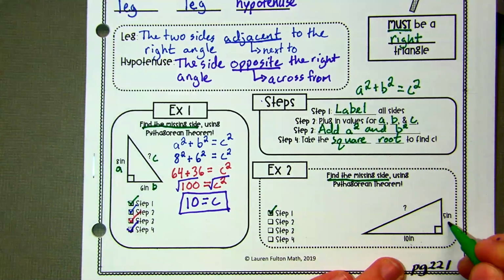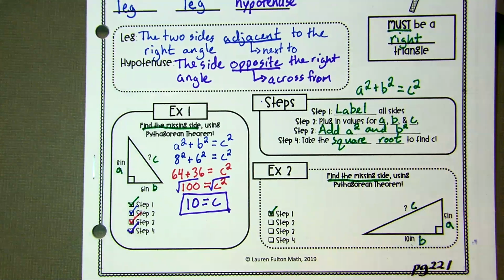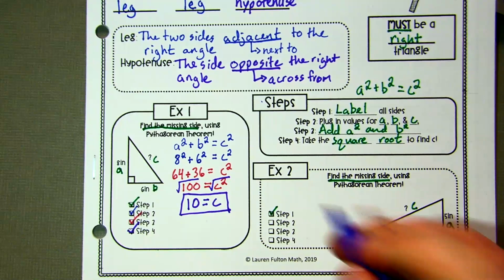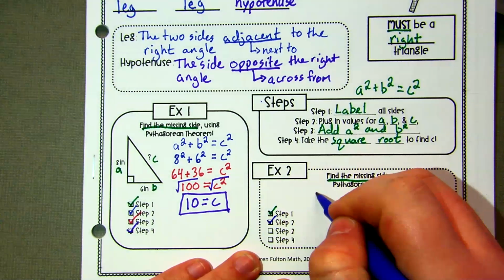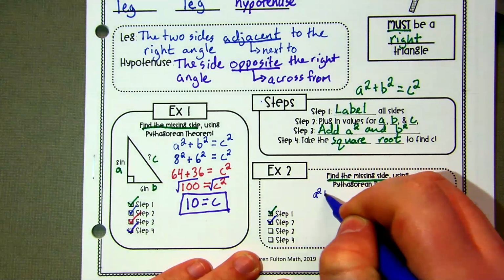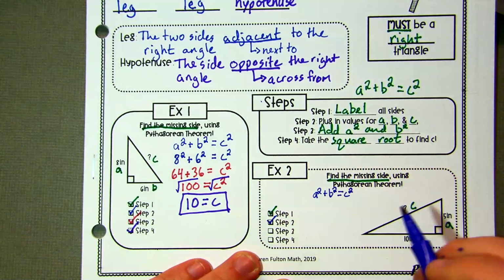I'm going to label this side A, this side B, and this side C. After we label everything, our next step is to plug in. So we take a squared plus b squared equals c squared.